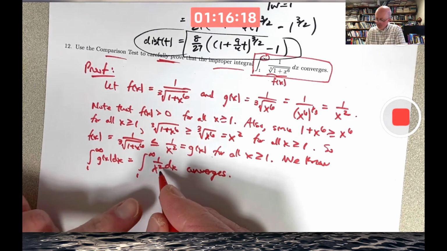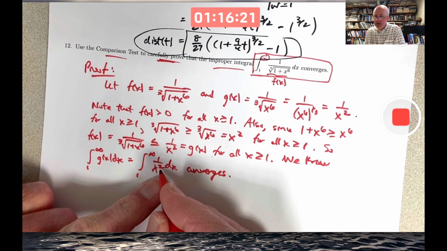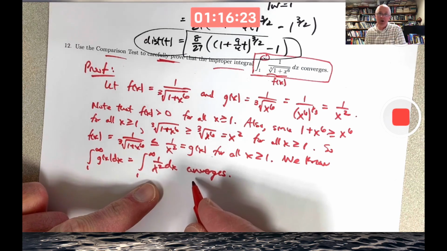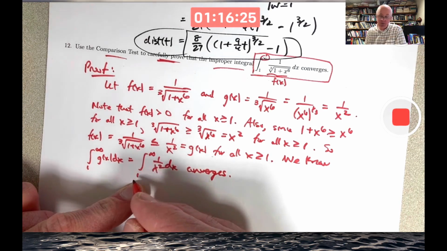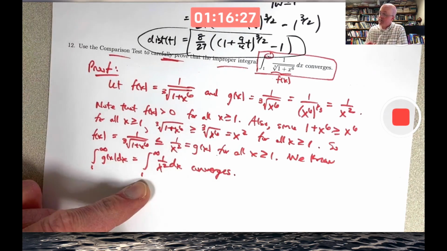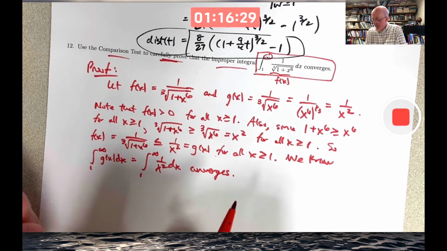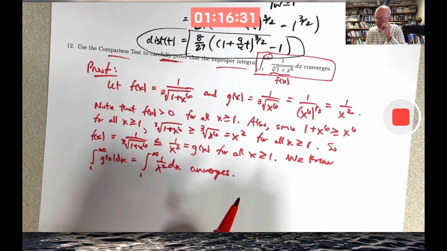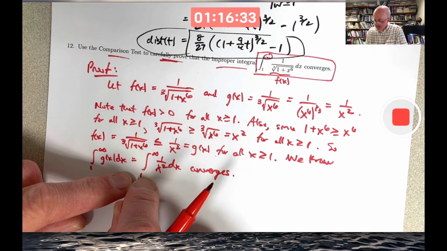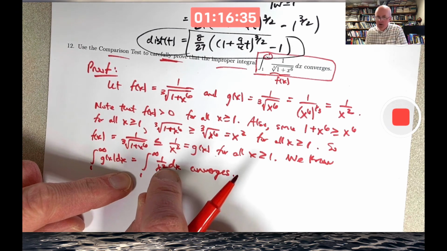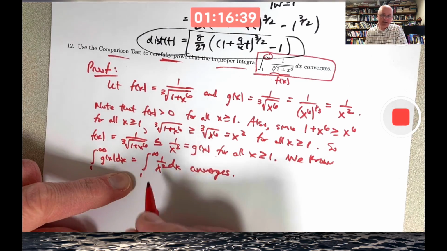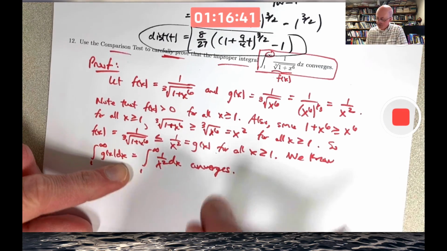When the power, often called p here, is bigger than 1, this kind of integral will converge when it goes from 1 to infinity, or 2 to infinity, or 3 to infinity. Not 0 to infinity, though. Or 0 to 1, or 0 to 2 for that matter. It's when it's some positive number here to infinity. If that power there, often called p, is bigger than 1, this will converge. If it's less than or equal to 1, it will diverge. But we want a convergent one.